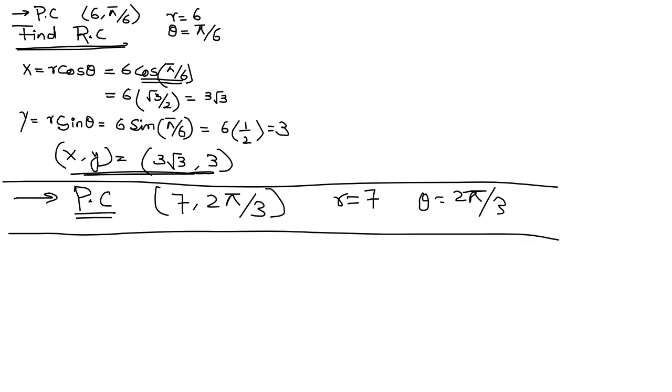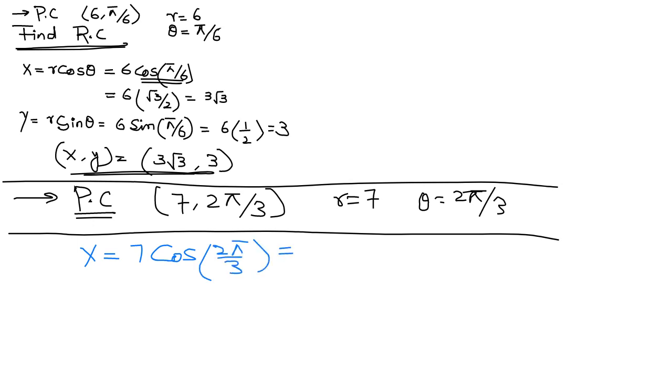Anybody? Teacher, yes. 7 cosine 2 pi by 3. X is equal to 7 cosine 2 pi by 3.